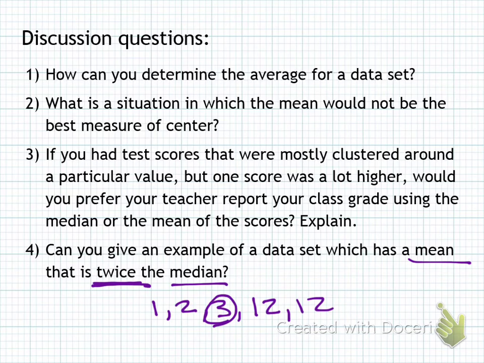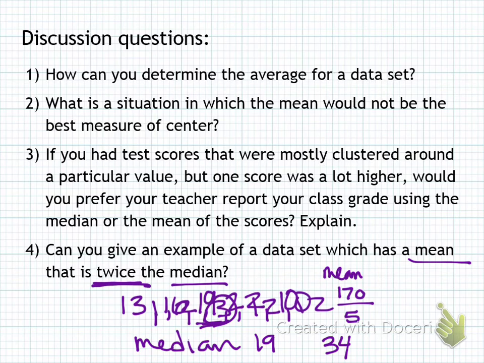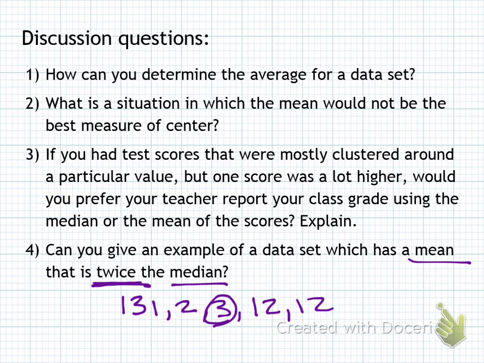And when you add those, so 3 is the median, and then 12 and 12 is 24, plus 3 is 27, plus 2 and 1 is 30. 30 divided by 5 is 6. So that would give you a mean of 6 and a median of 3.